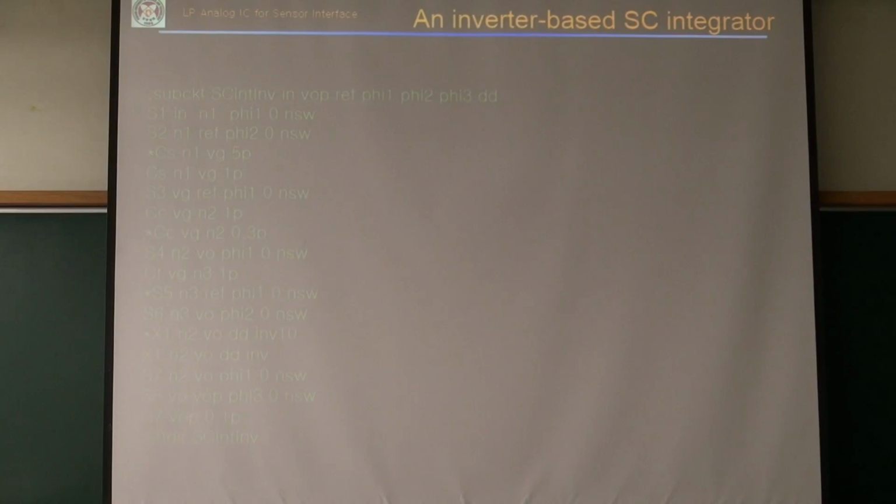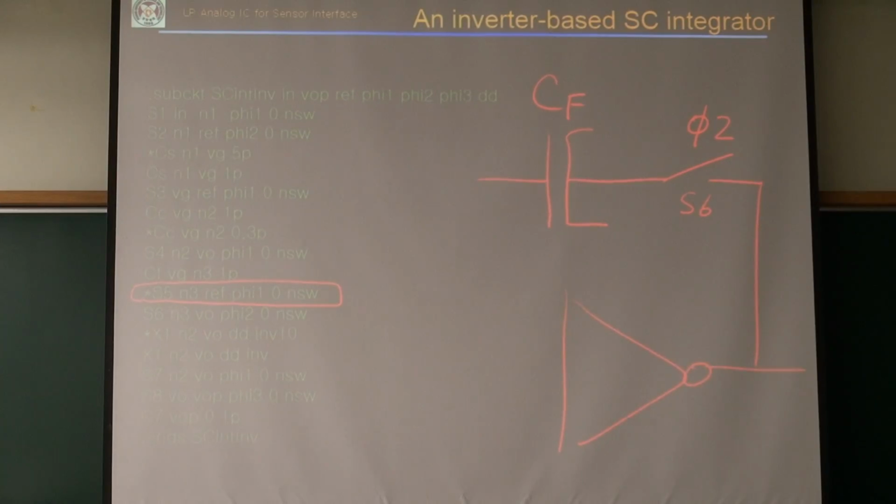This S5 switch was used in the gain stage. This is CF, this thing is phi 2. That thing is the S6 switch, right? S6 switch, this is VO. S6 switch is there.